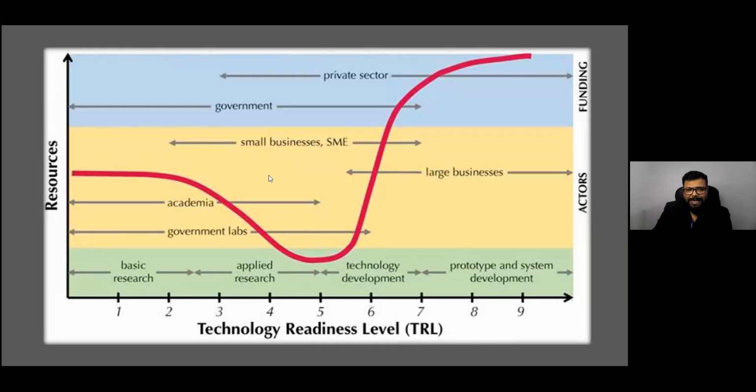Okay, so the basic idea is done, research is done. There is a part of SM, small business, right? And once the technology readiness level crosses 5 or 6, then sometimes large business can take part in that, right?